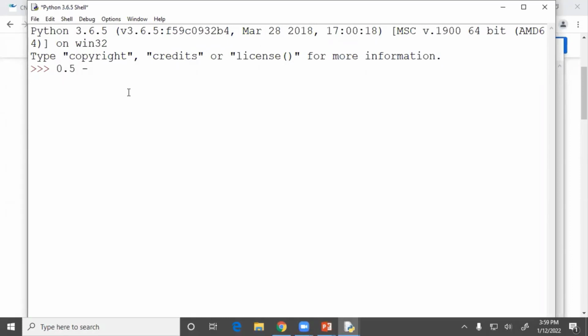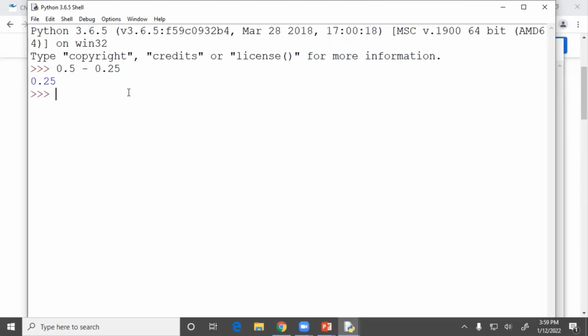0.5 minus 0.25. Hafsa, what is the answer? 0.5 minus 0.25. The answer is going to be 0.25. Okay?